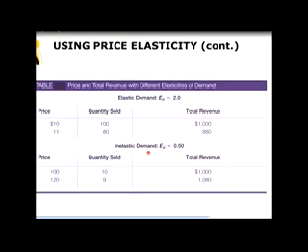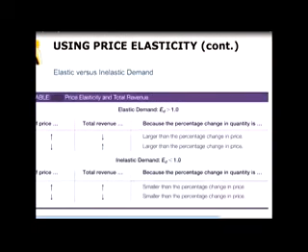What about an inelastic demand? Now, if the price elasticity is 0.5, here we've got a 20% increase in price, but only a 10% decrease in the quantity demanded. So we can see that total revenue is going to rise. So when we look at the effect of a change in the price on total revenue, we need to know what the elasticity of demand is.